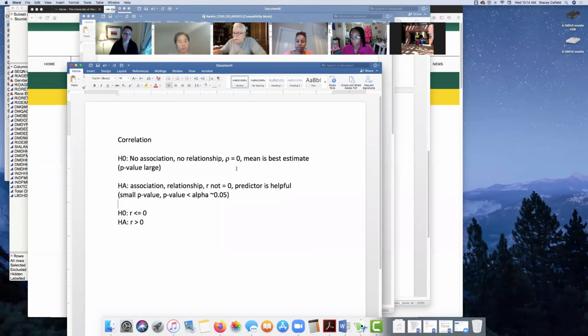So rho is the Greek terminology, but R is the same thing. So it can be rho or R. It can be no association, no relationship, that the mean is our best estimate of our Y, and then the alternative has the opposite of all those. If there is an association, there is a relationship, the correlation is not 0, or that our predictor variable is related.